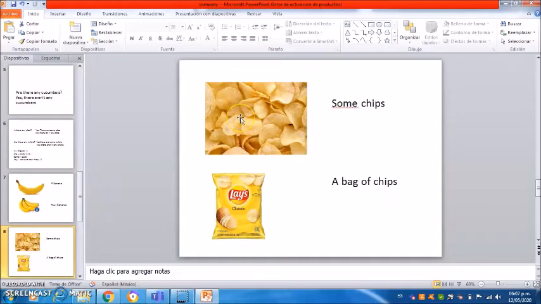What happened with the chips? Are there any chips? Yes, there are some chips. But normally we don't buy chip by chip. We used to buy a bag. So we need to say, is there any bag of chips? Yes, there is one bag of chips.